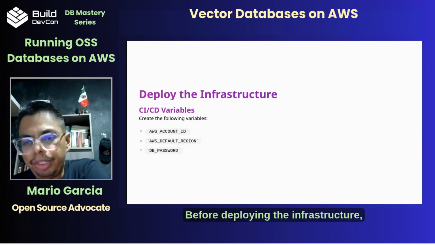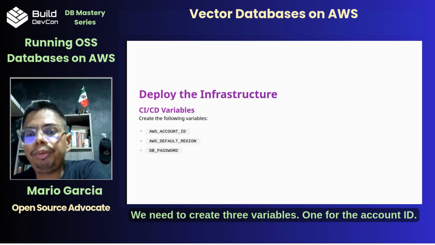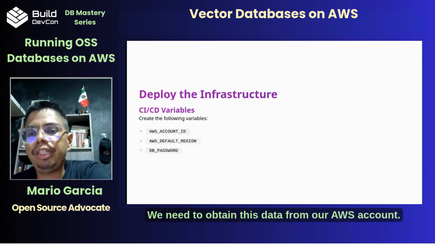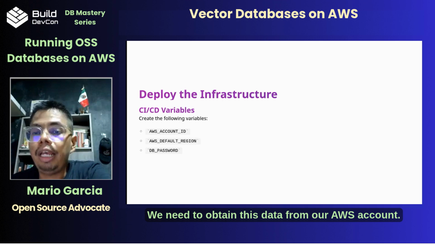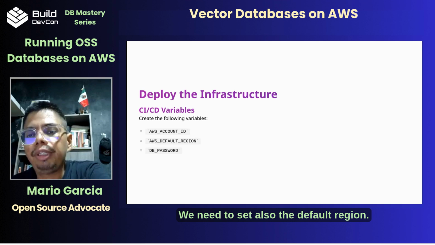Before deploying the infrastructure, we need to configure the CI/CD variables. We need to create 3 variables, one for the account ID. We need to obtain this data from our AWS account. We need to set also the default region.